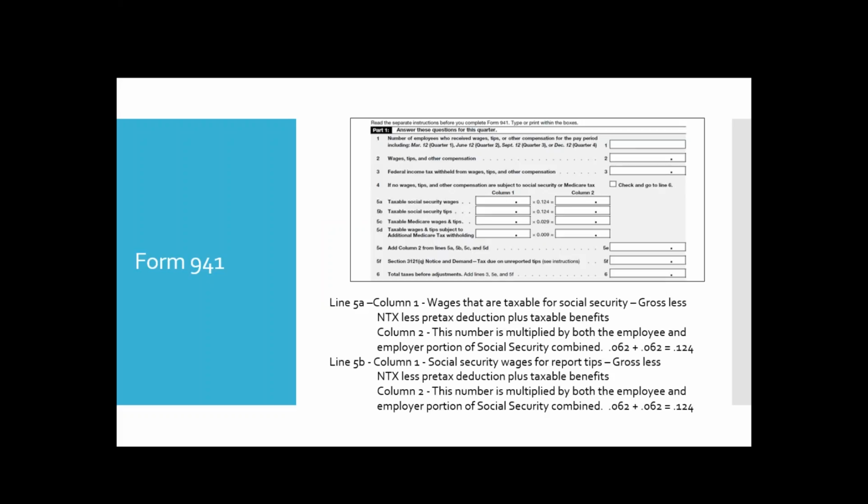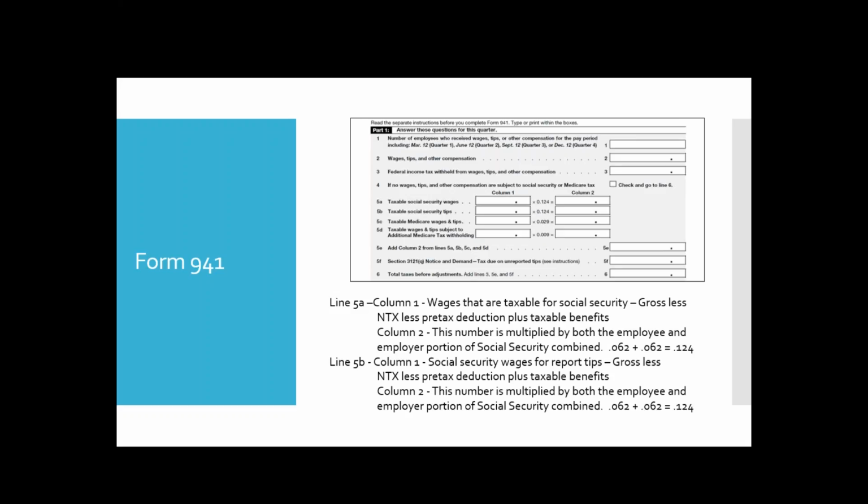Line 5F will be important to you if you have tipped employees who failed to report or underreported tips to you. Now, the IRS may be notified from reporting directly from the employee or by auditing the employee that these tips went unreported.